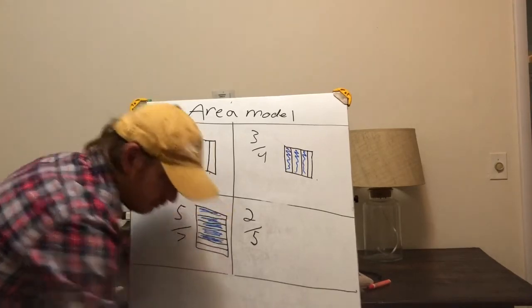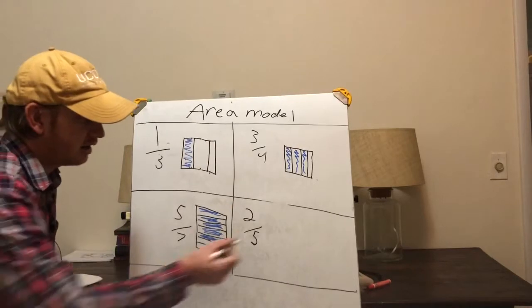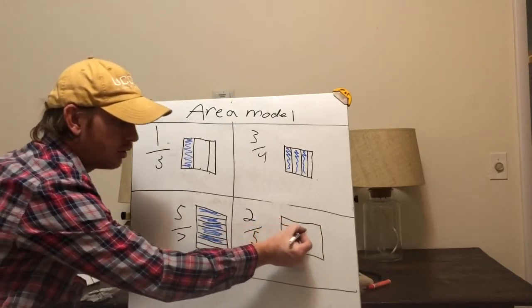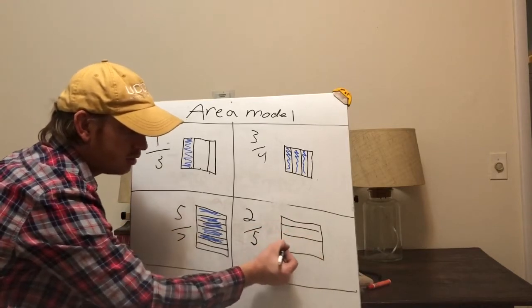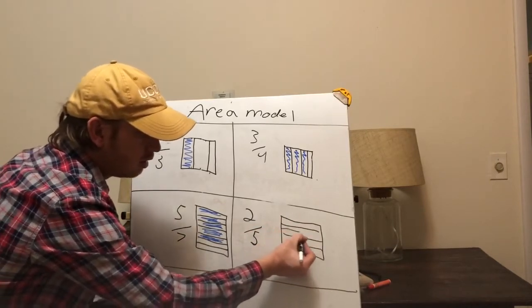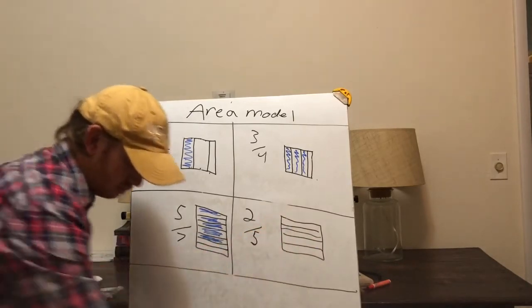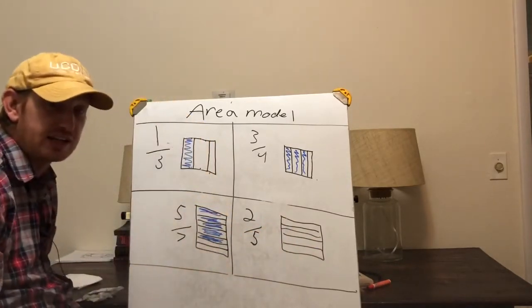And then the last one, we have 2 over 5. One, 2, 3, 4, 5. And we're shading in 2 of them.